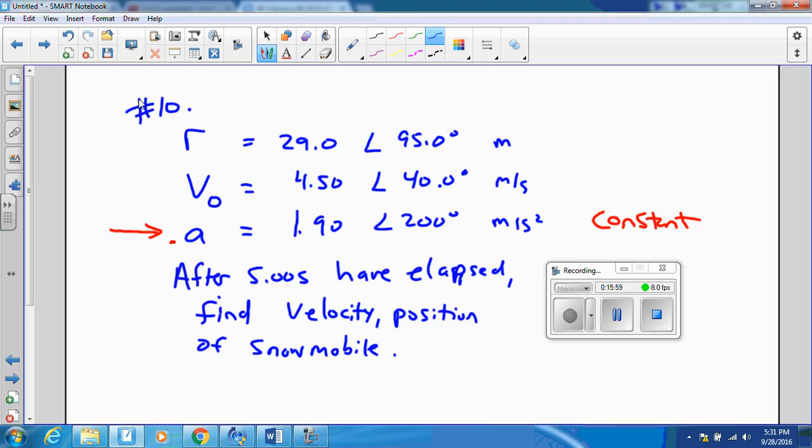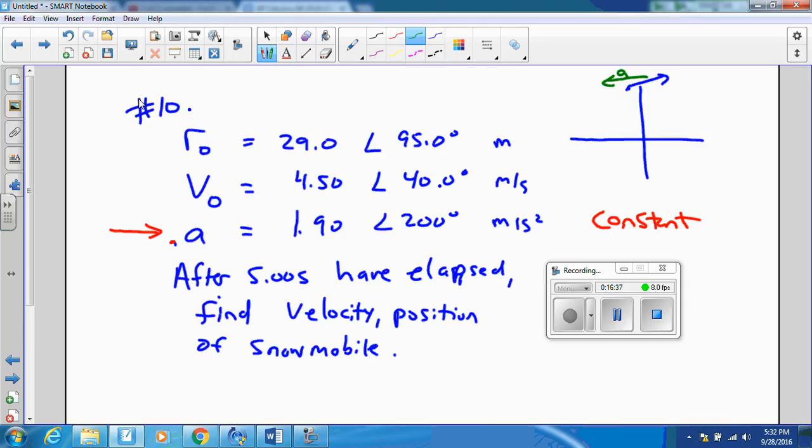And so I need to indicate that fact by observing that this is an initial velocity given to us. This velocity is true at the start of the problem, but because of the acceleration, it's going to change. Likewise, this position is the position at the start of the problem, but because of the velocity, it is going to change as well. And in particular, what we have is a snowmobile that is here at 29 at 95 degrees. It is experiencing currently a velocity of 4.5 at an angle of 40.